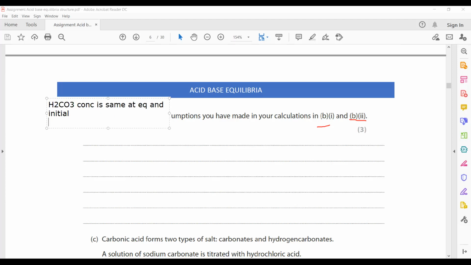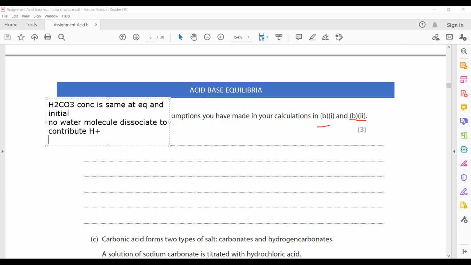Then what is our second assumption? We assume that no water molecule dissociates or contributes hydrogen ions. And what's our third assumption? This HCO3- can also dissociate and it will change.